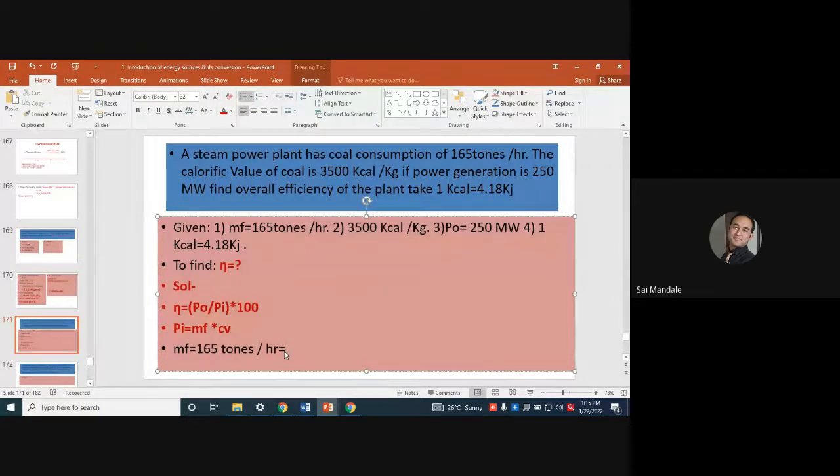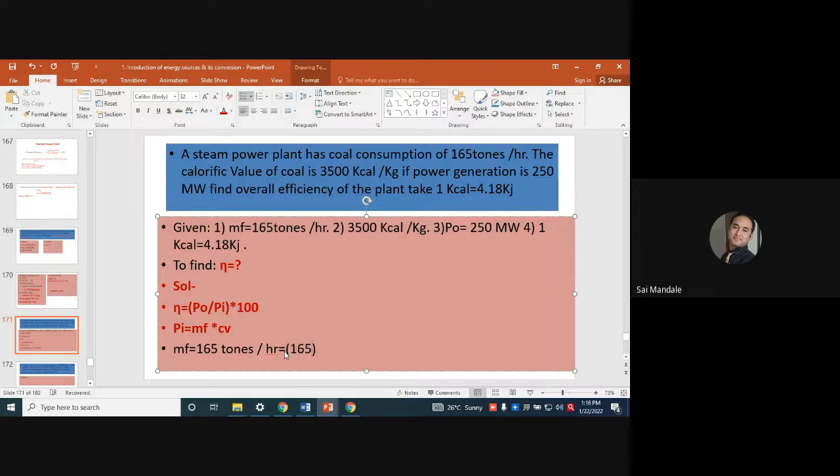How to convert this? 165 ton means 165 into 10 cube kg. And 1 hour, so 1 hour stands for how much second? 60 into 60. So 165 into 10 cube divided by 3600 seconds. Simple, no?